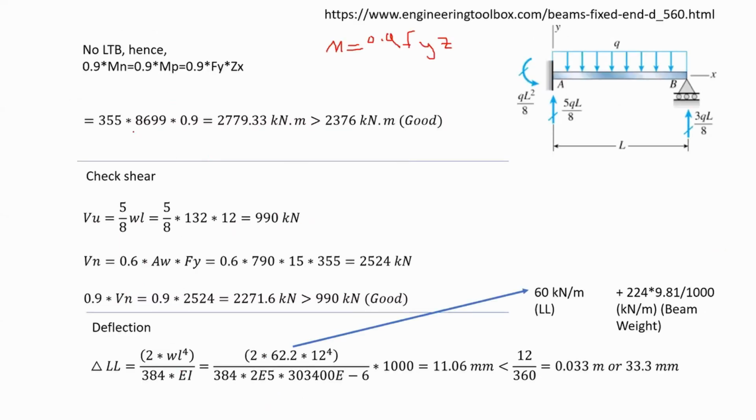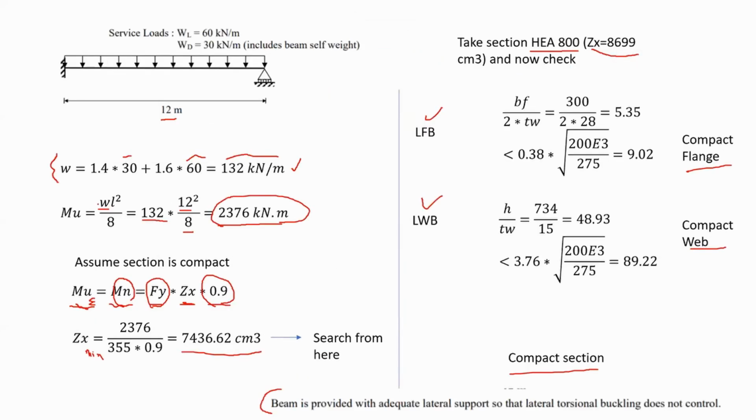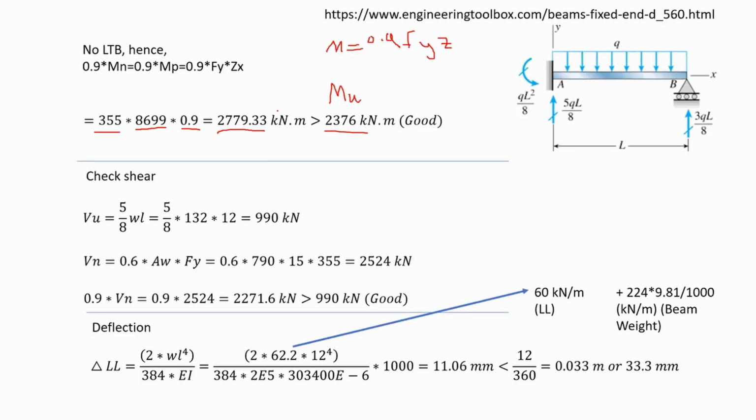Now, if you plug in all the values of the section properties, this is Zx, this is Fy, 0.9. Here it appears that the capacity of this member, the Mp, plastic moment, is equal to 2,779 kilonewton meter. And it is bigger than this value, which is Mu, the applied or the ultimate moment by the distributed load, which we calculated in here. So this section is good.